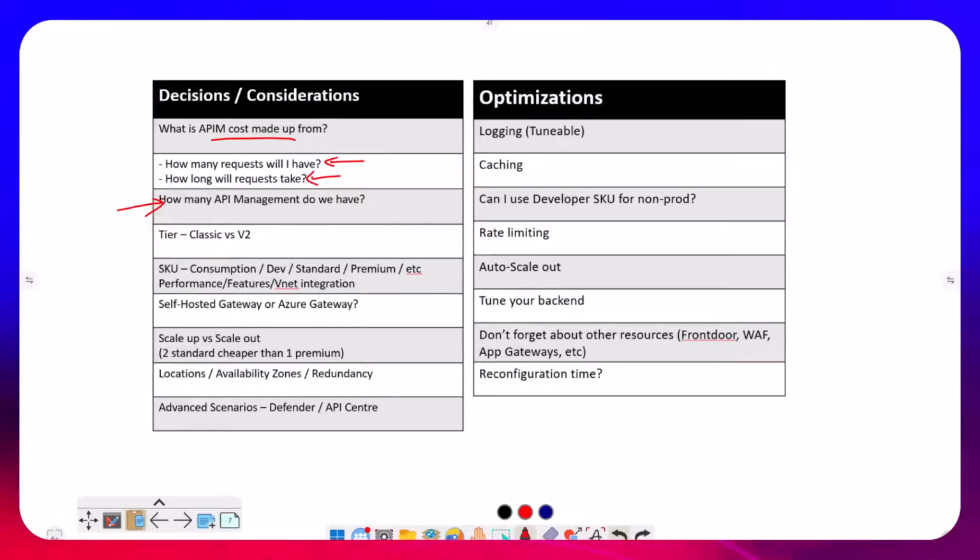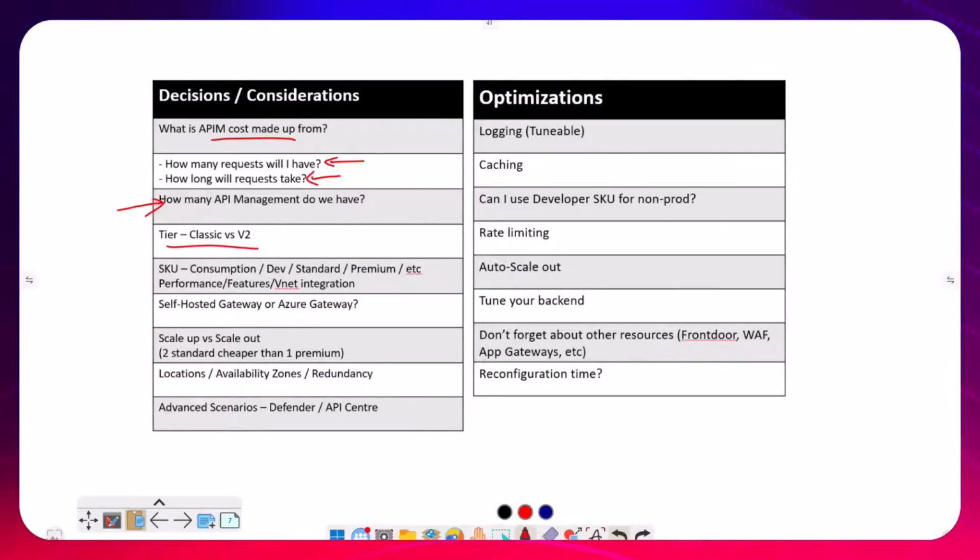So I think the feature reasons for doing that maybe aren't as big as what they used to be, but there's a lot of people who have APIM out there all over the place, and being able to consolidate that is a good way to reduce your costs, because obviously there's a pretty big cost for each APIM instance. The next thing's the classic versus V2 tier option.